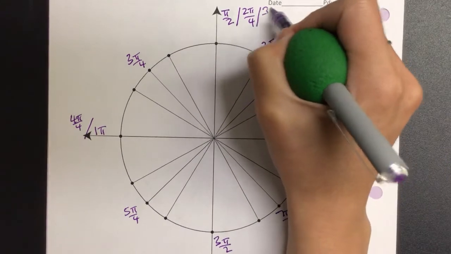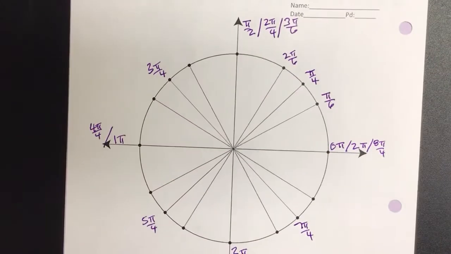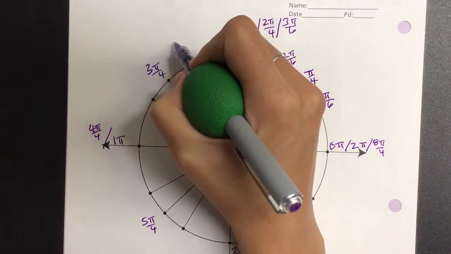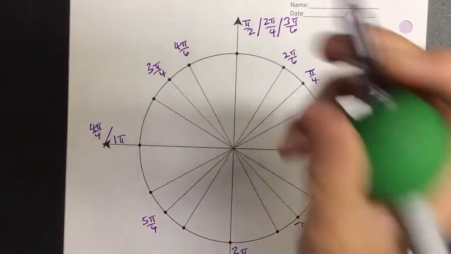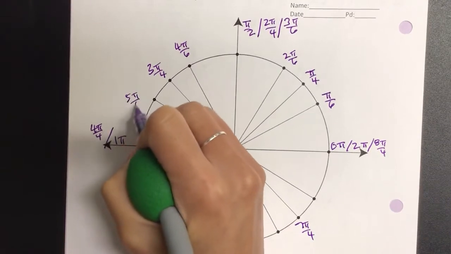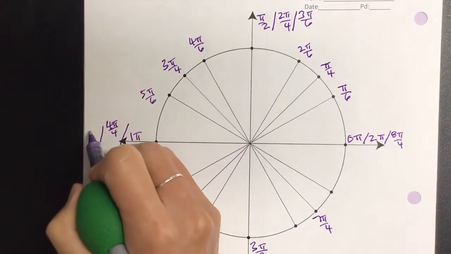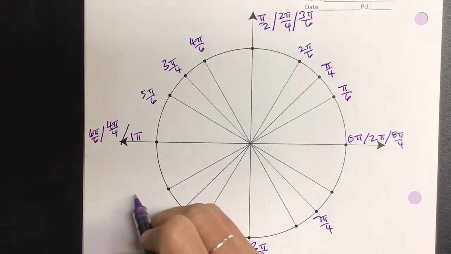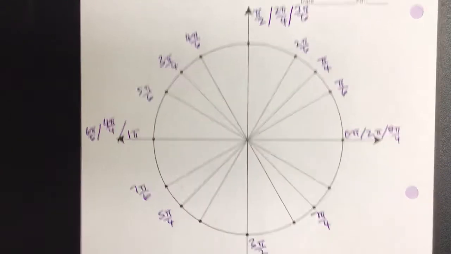Here I have 3 pi over 6. Is 3 pi over 6 same thing as pi over 2? Yes, it is. Then I have 4 pi over 6, 5 pi over 6. Then I have 6 pi over 6. Is 6 pi over 6 same thing as 1 pi? Very good. 7 pi over 6.